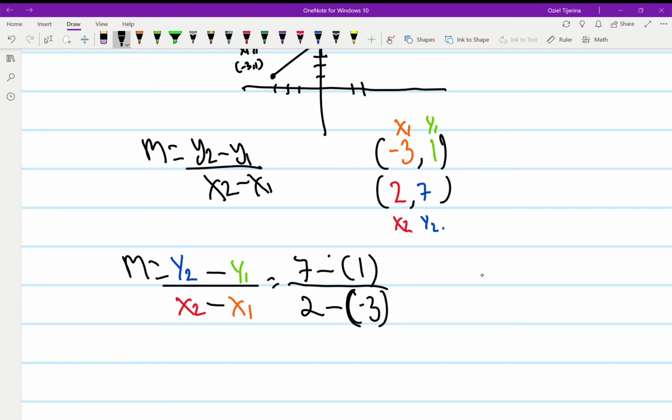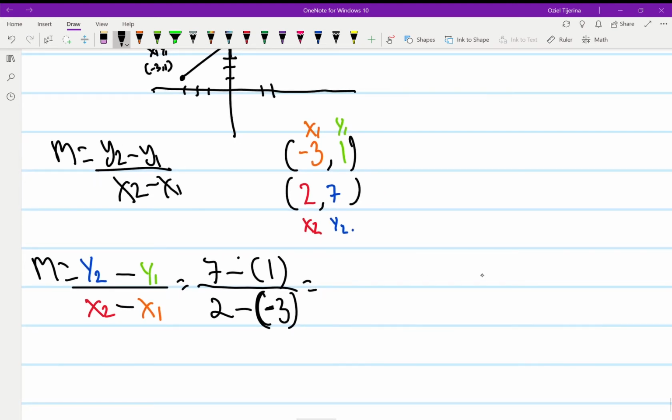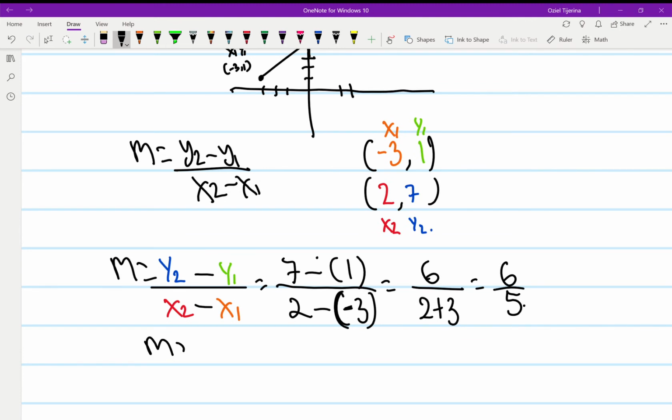Make sure to put parentheses here because it's minus a -3, okay? So we then have 6 over 2 plus 3, and that's going to be 6 over 5. So your slope is going to be 6/5, okay?